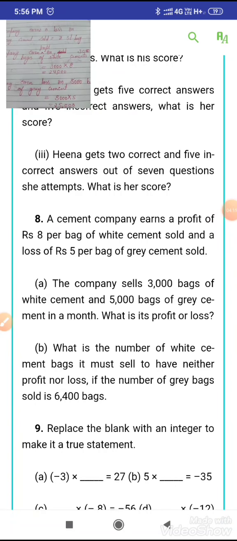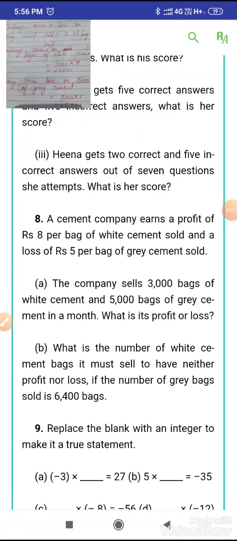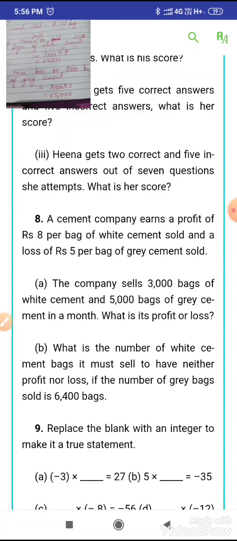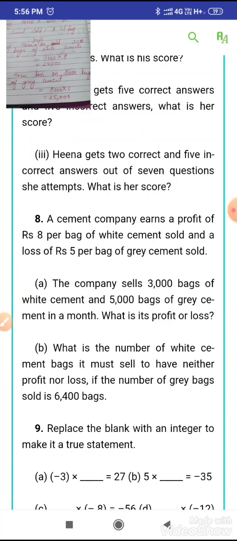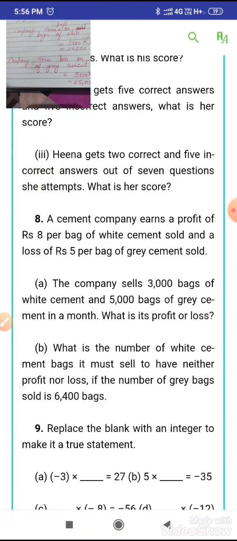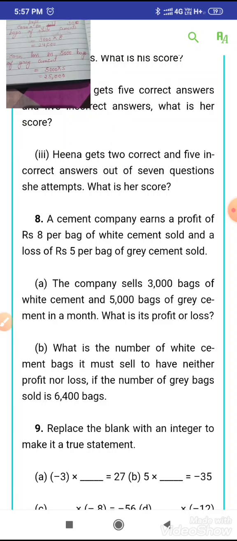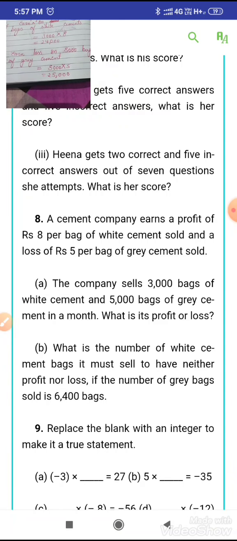So the company earns a profit on 3000 bags of white cement equal to 3000 multiplied by 8, because in one bag of white cement the company earns rupees 8. So on 3000 bags the company earns 24,000 rupees. The company earns a loss on 5000 bags of grey cement equal to 5000 multiplied by 5, because the company has a loss of rupees 5 for selling every bag of grey cement.